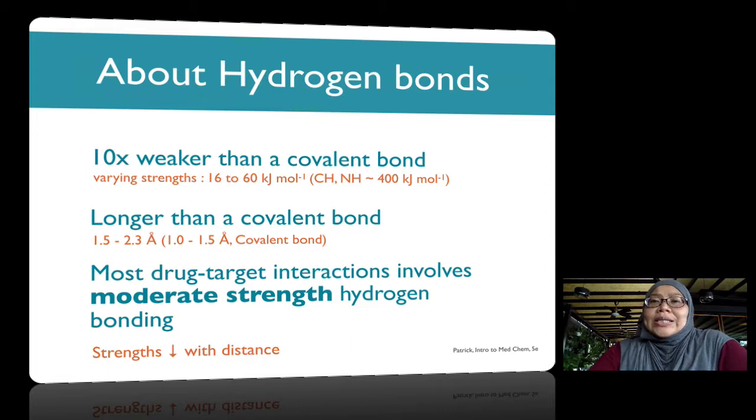So it is about 4 to 40 times stronger than van der Waals or dipole-dipole interactions. Most of the interactions between a drug or even substrates with receptors, enzymes or proteins actually involve hydrogen bonding, usually most of the time. And similarly to van der Waals or dipole-dipole, hydrogen bonding also reduces in strength as it is further away from the binding site.